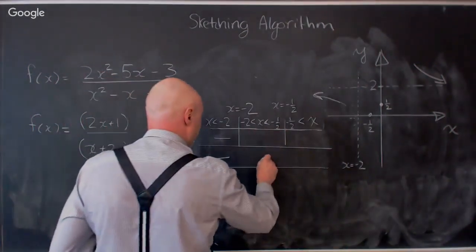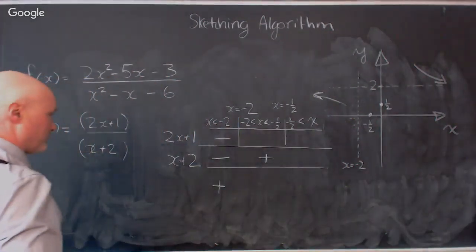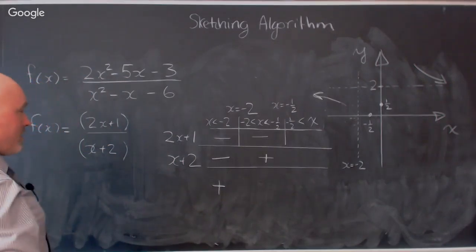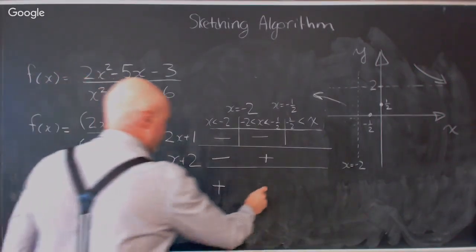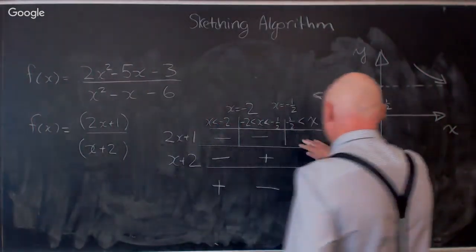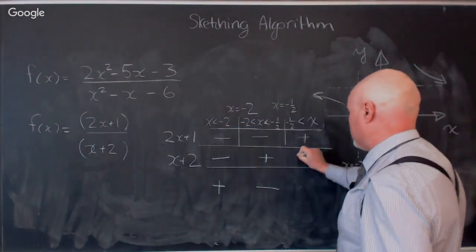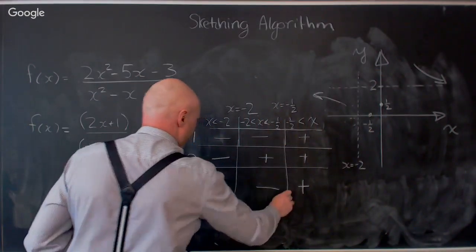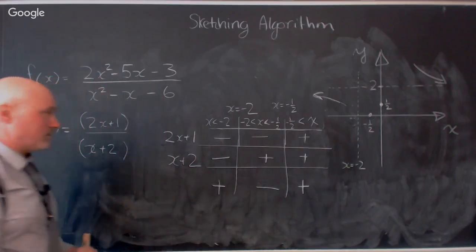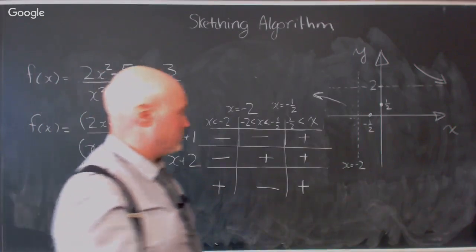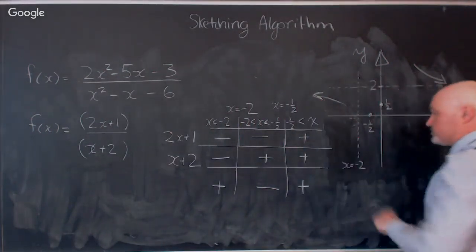When x is between -2 and -1/2, x plus 2 is positive and 2x plus 1 is negative, and so our function is going to be negative. And then when x is greater than -1/2, both of these factors are positive, and that's going to make the whole function positive. And so now we have positive, negative, positive for our function. Right now, you'll actually notice that I have these approaches to the asymptote.